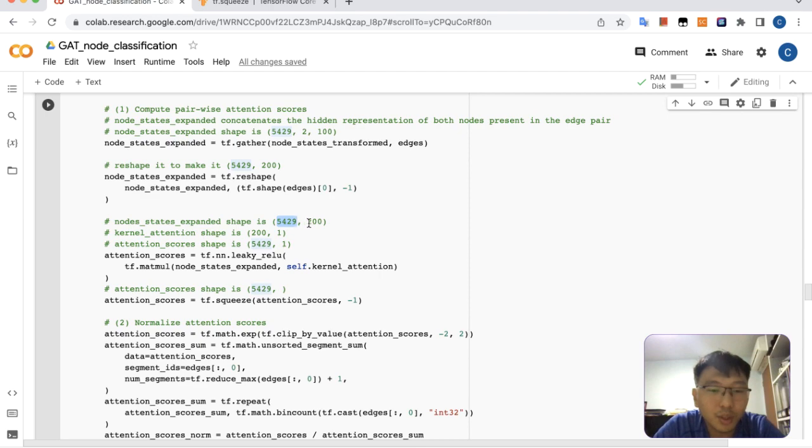So we basically convert this hidden representation into a single scalar value.